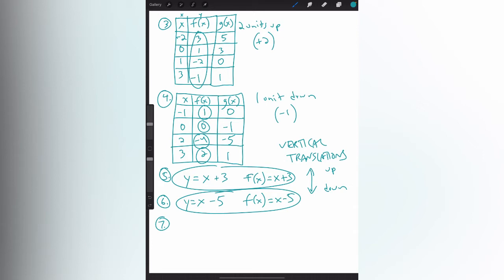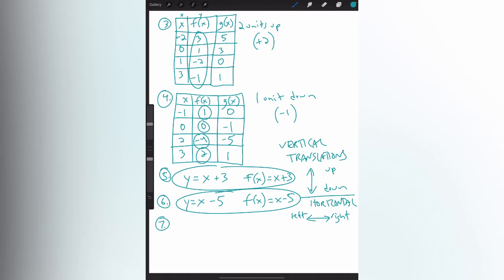So we're going to move 2 units to the left. And even though we're moving now in a horizontal fashion, so horizontal will be left and right, right? So horizontal translations are different from the vertical translations we were just doing.